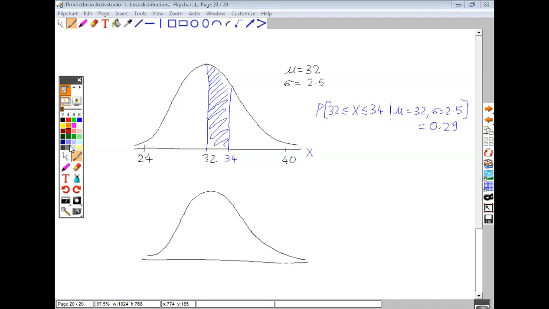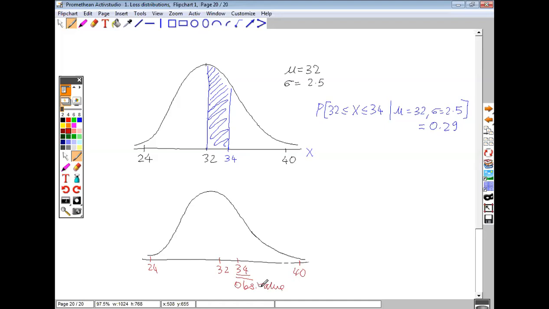So that's it. And now in the next case, I want to define something else. Just to define this again, we're looking at the same graph. Here, what I have done is, I have already observed my value for x, and that turned out to be 34. So this is the observed value.